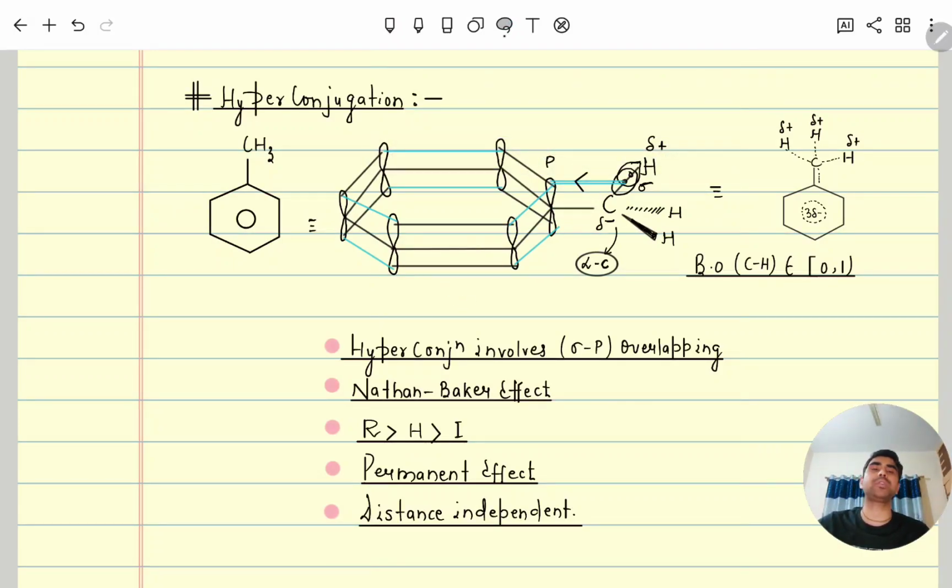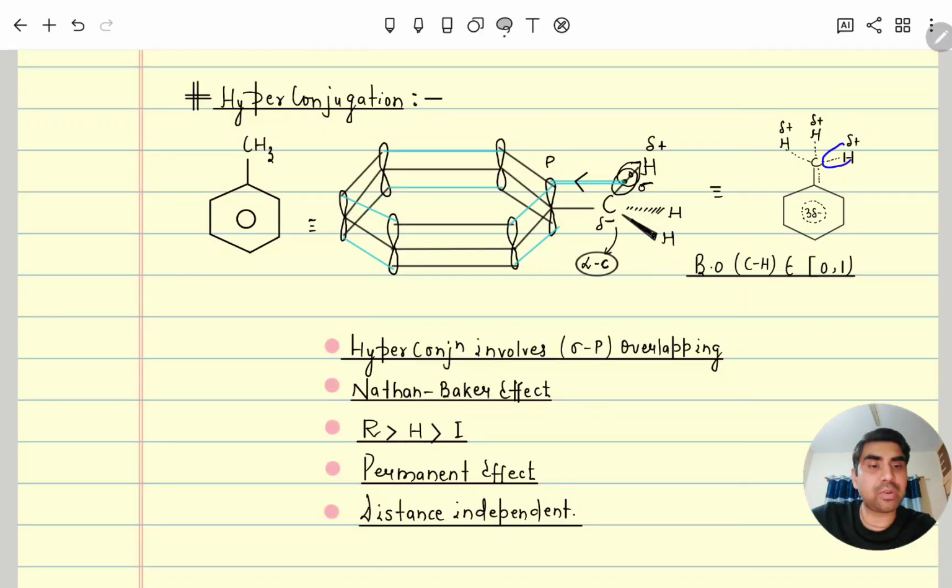What is the condition? The first carbon must be sp3, it should have an alpha hydrogen, and the adjacent carbon should have a parallel p orbital. Then the electron will move from high to low density. Unlike resonance, where pi electrons or lone pairs move, here the electron density does not move that much, but somewhat it happens, and this phenomenon is called hyperconjugation.